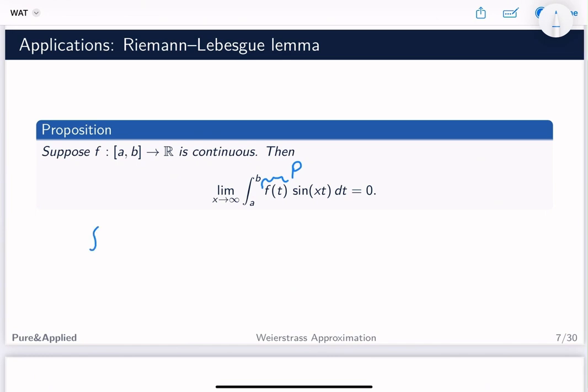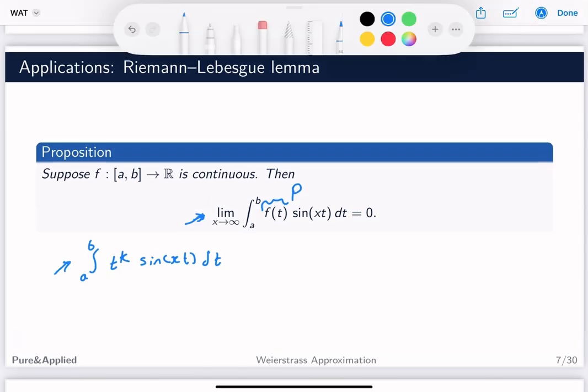Let's see what happens to this. Let's integrate from a to b, t to the k times sine of xt, and see what happens as x goes to infinity. Then I'm going to show you how the result automatically follows.